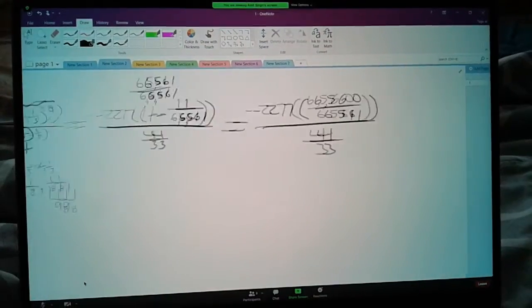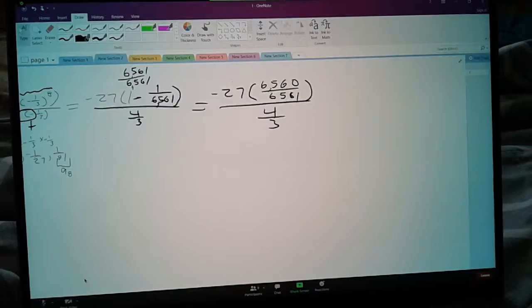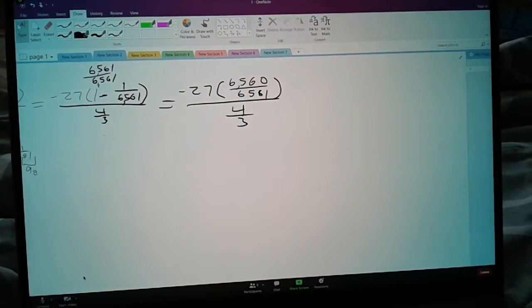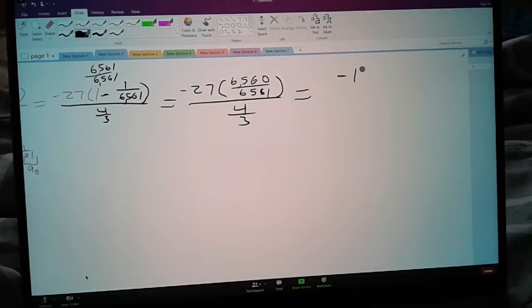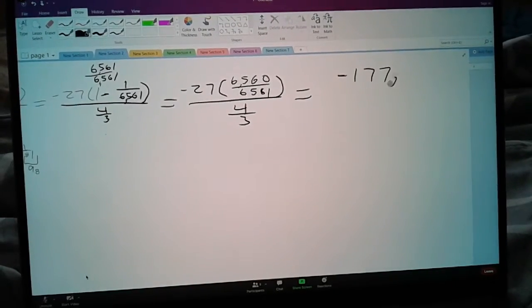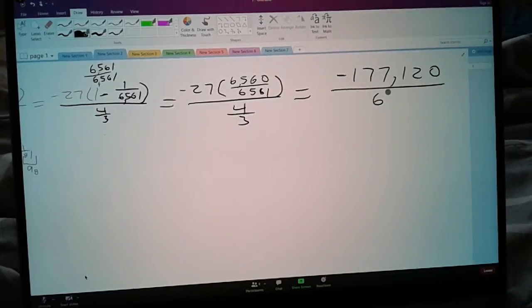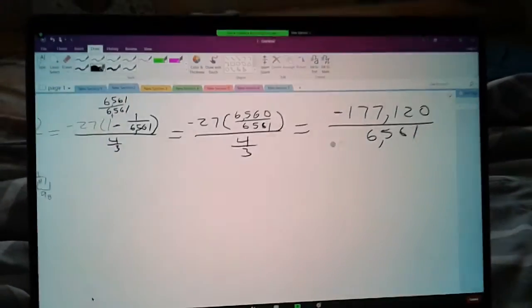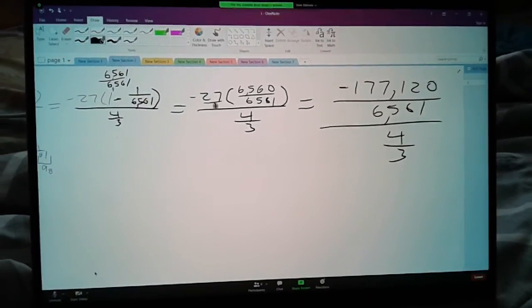And then let me do it here. I'm trying to keep everything as a fraction right now, so I'm just multiplying it all out. This is like 27 divided by 1.